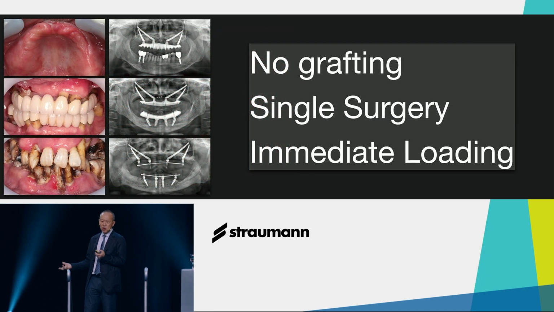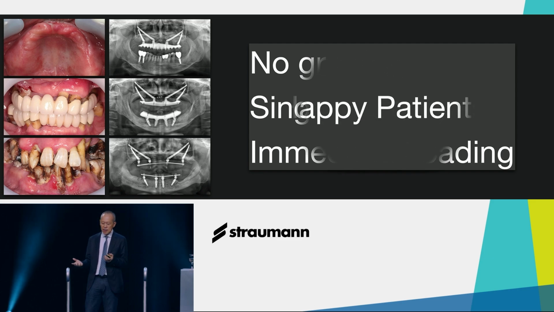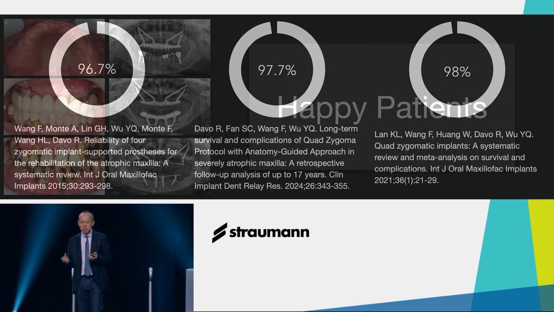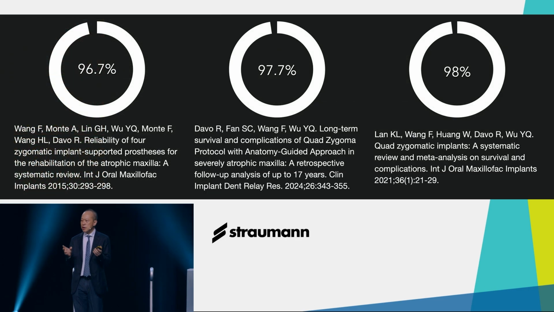And with quad zygoma, no grafting, single surgery, immediate loading, and at the end, we see happy patients. And more importantly, when we talk about predictability, there are so many studies published already telling us quad zygoma works very well in this particular group of patients.